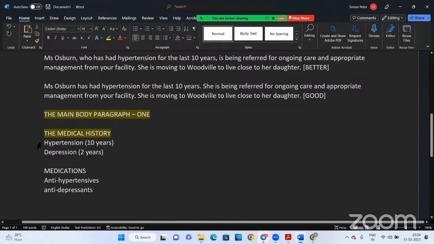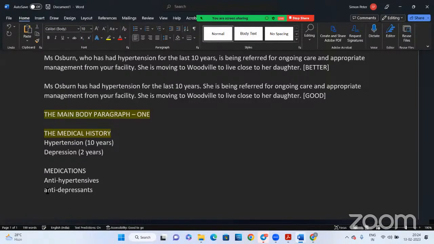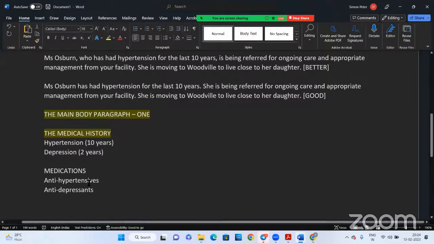For hypertension, she is taking antihypertensives, and for depression, she is taking antidepressants. Fine, so that is done. These are the two relevant pieces of information regarding medical history and medications. They are interrelated. You have to combine these two things.